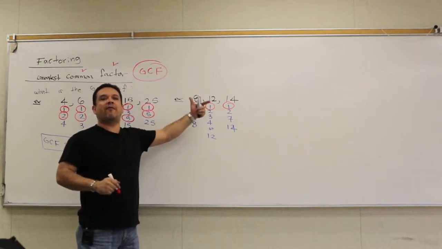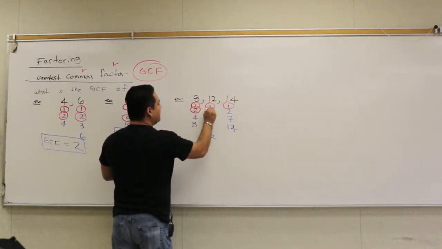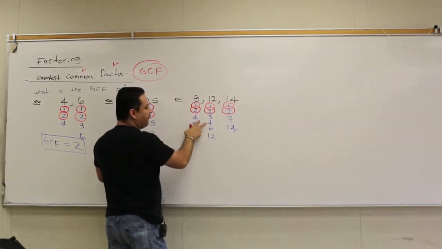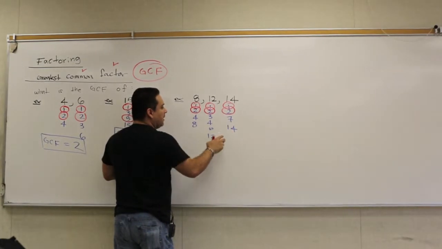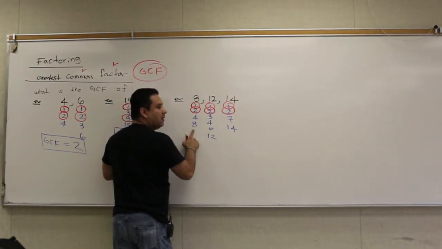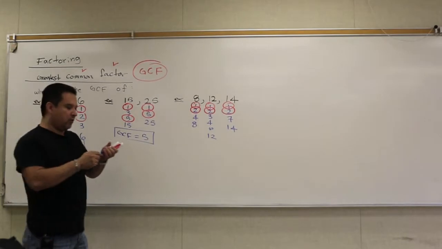It has to be on every list to be common. 2 is on every list, isn't it? What about 4? It's on the first 2. Is it on the last list? No. What about 8? It's on the first list, right? So what's the greatest common factor? 2.